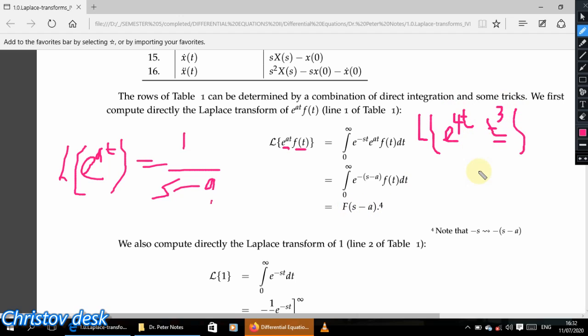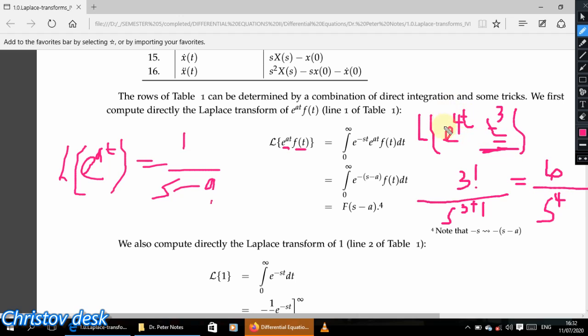What's the Laplace of this? The Laplace of that is 3 factorial over s raised to the power 3 plus 1, so that means I have 6 all divided by s raised to the power 4. This is the Laplace of t cubed.